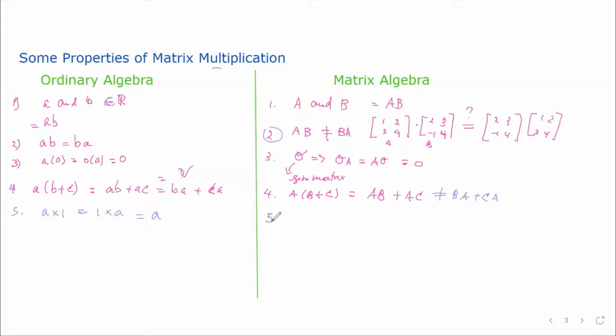Now for matrix, 1 we're going to use as an identity. Identity, for example, if 2 by 2, we're going to have 1, 0, 0, 1. This is a 2 by 2. And the diagonal here is going to be 1. You see that? This is the diagonal line, going to be 1.